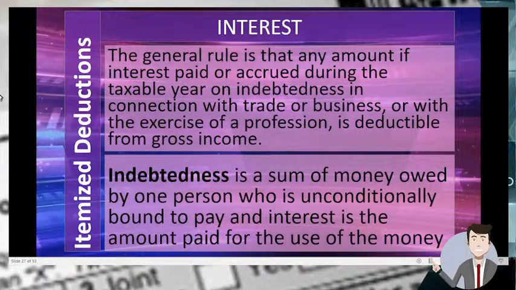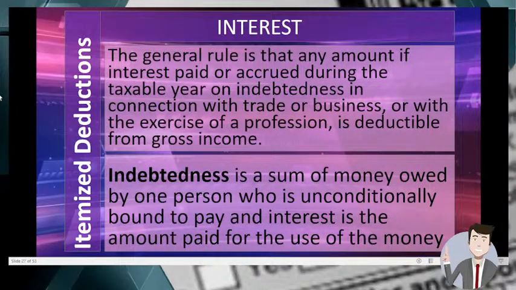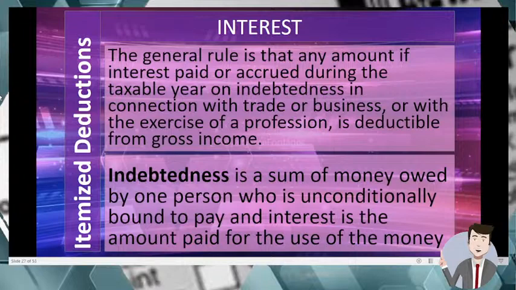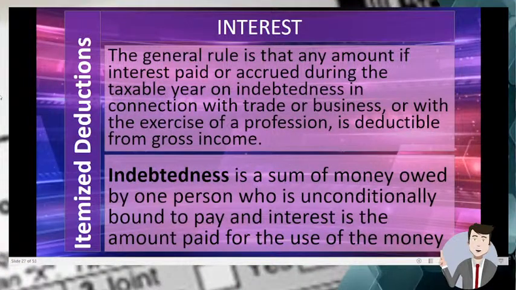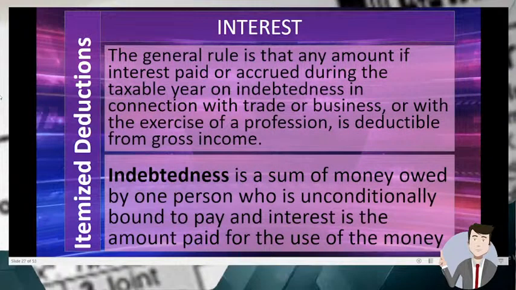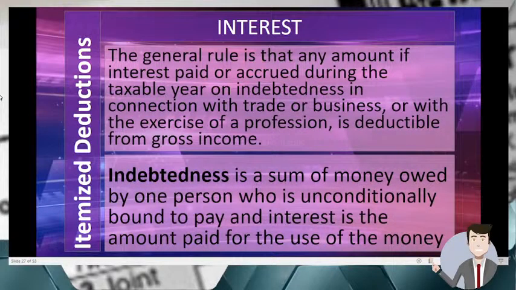So what is indebtedness? Indebtedness is a sum of money owed by one person who is unconditionally bound to pay, and interest is the amount paid for the use of the money.